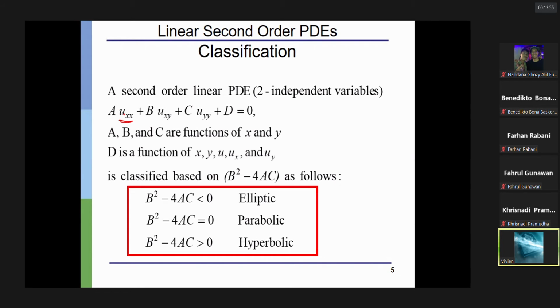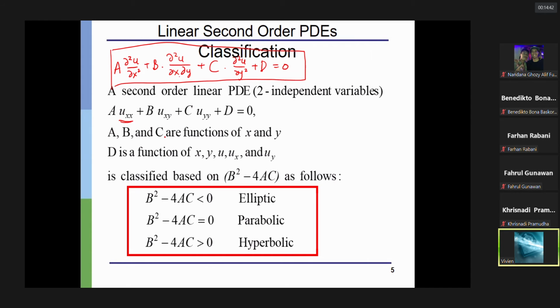So if we write it down, this is A times del squared u over del x squared, plus B times del squared u over del x del y, because we have the derivative in x and y direction, that will be u_xy, plus C times del squared u over del y squared, plus T, equals 0. So if we have this general form of the PDE, now we can classify which group our case belongs to.